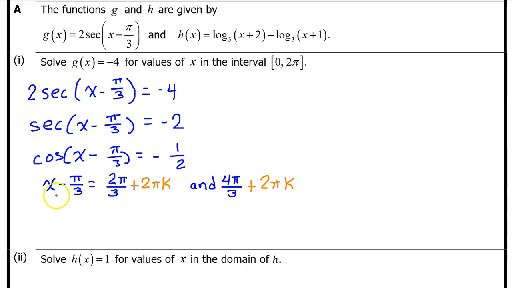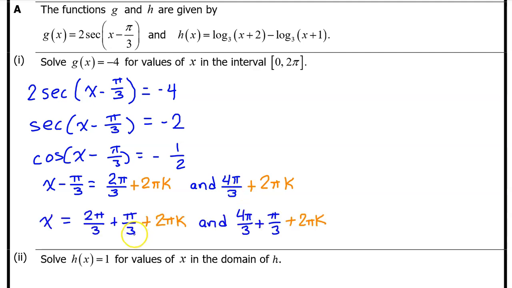We still need to get x by itself, so we need to add pi over 3 to both sides of the equation. When we do so, we will add it to both sets of solutions. I would normally just do this in my head, but I'm showing it for instructional purposes. Adding pi over 3 to 2 pi over 3 gives us 3 pi over 3.